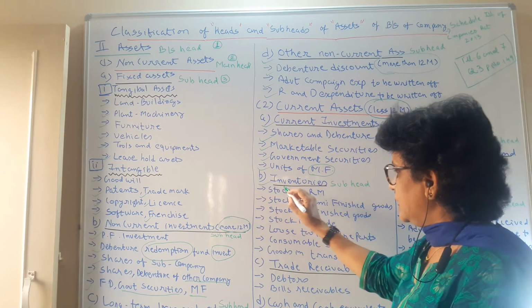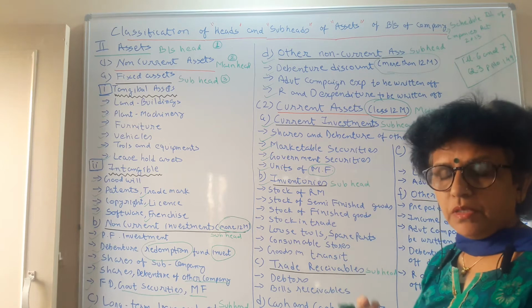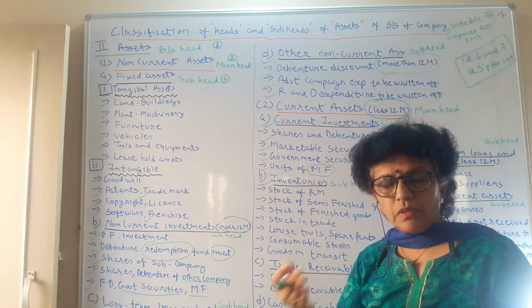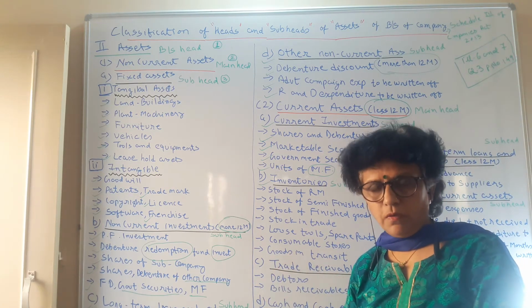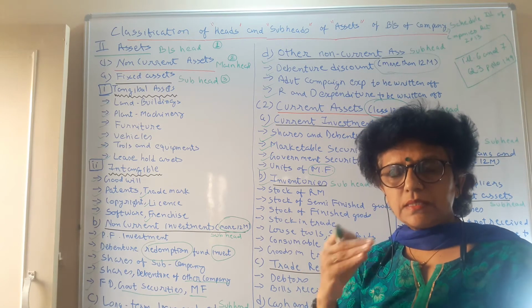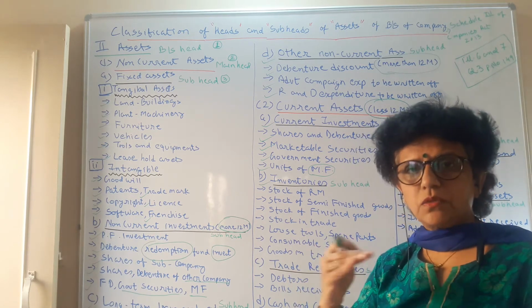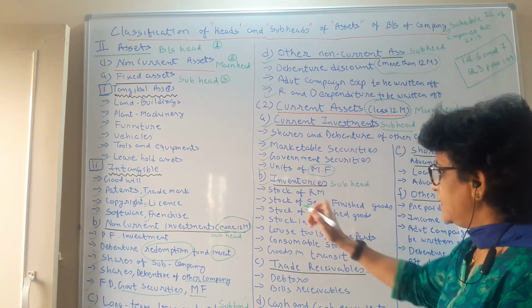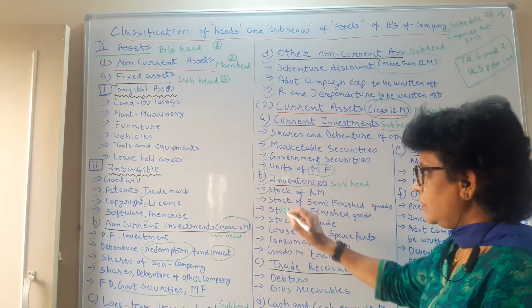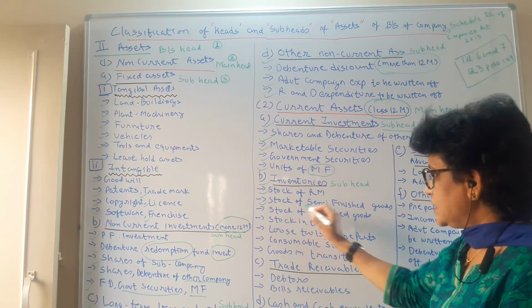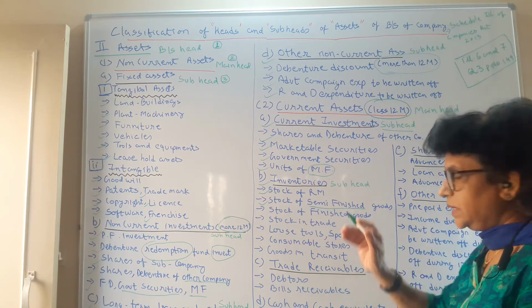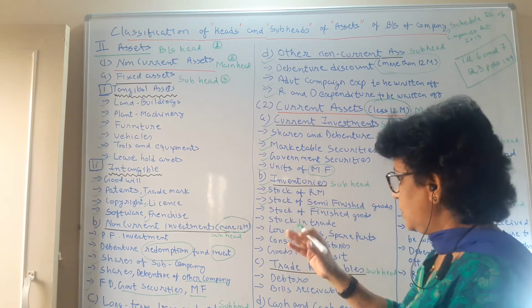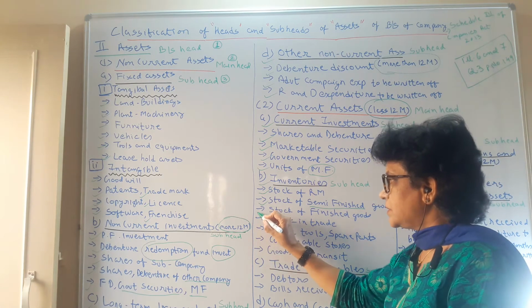The second category is inventories. Inventories means stock, the various forms of stock. The raw material as well as the semi-finished goods, finished goods, goods in transit, that is what your inventory is. So first is the stock of raw material. Second is stock of semi-finished goods, meaning still in process, not converted fully into final stock.